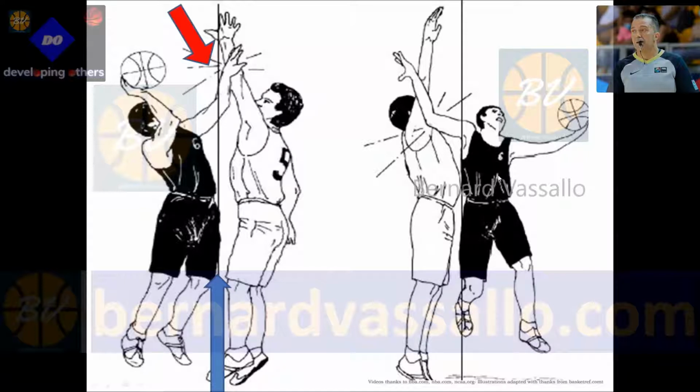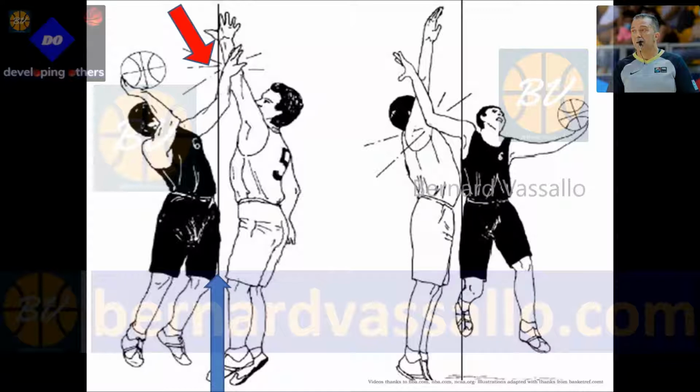In the next diagram on the right-hand side of your screen, we are seeing the offensive player, again black 6, who is attempting a layup, and while initiating contact, what does he do? He extends his arm inside the defender's vertical cylinder, clearly creating more space for himself.